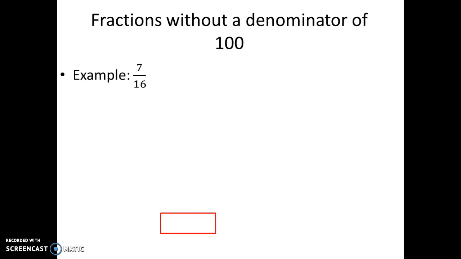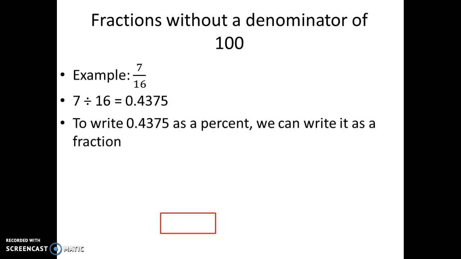If I divide 7 by 16, I get 0.4375. Since I now have my fraction as a decimal, I can write it as a percent. I can write 0.4375 as a fraction with a denominator of 10,000. This is helpful because then I can simplify to get a denominator of 100, which will help me write my percent.